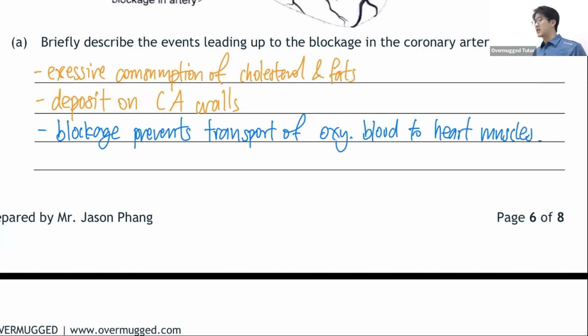We don't have to elaborate on the effects because the question is just asking us to describe the events leading up to the blockage. Okay? But do we know what happened afterwards? If this goes on for long enough, yes, this will result in a heart attack as well. Okay?